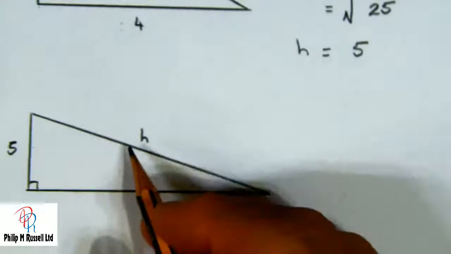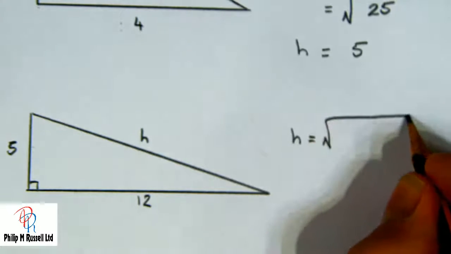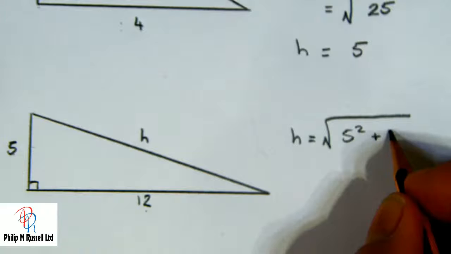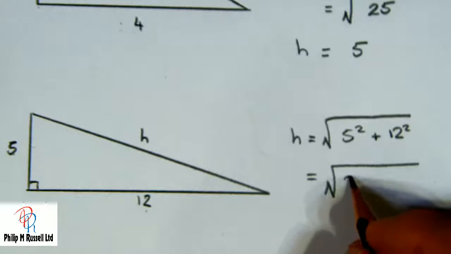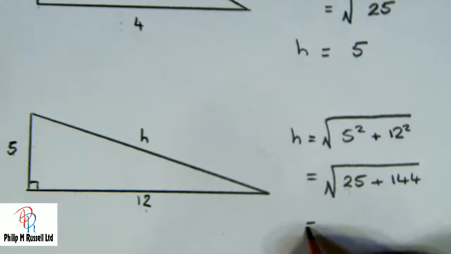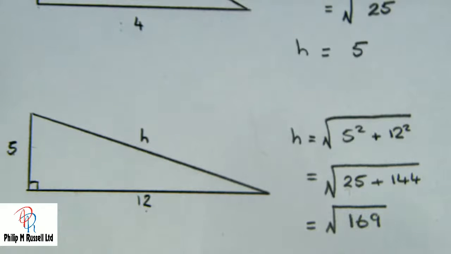So simply it's going to be the square root of the other two sides, 5 squared plus 12 squared. 5 squared is 25, 12 squared is 144, add those together, it gives us 169, and the square root of 169 is 13.